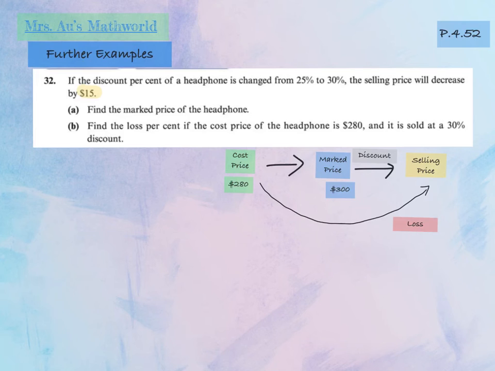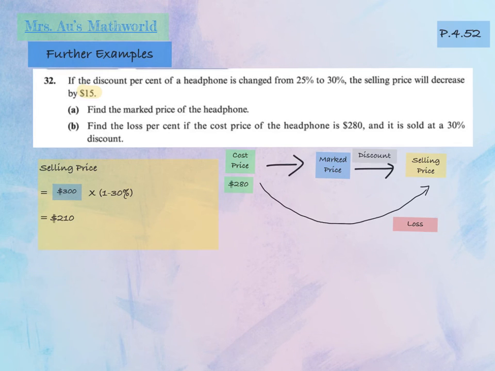Because we know the market price, right now we have to find the selling price. The selling price means the market price times 1 minus 30%, which is the discount percentage. So you see the selling price is $210.